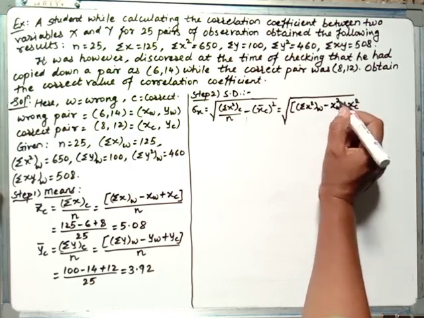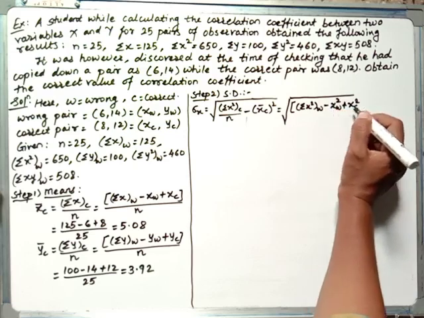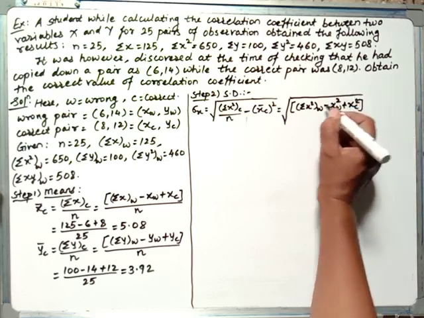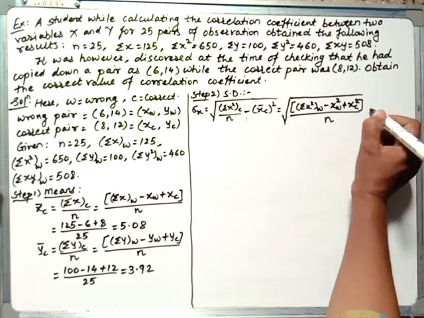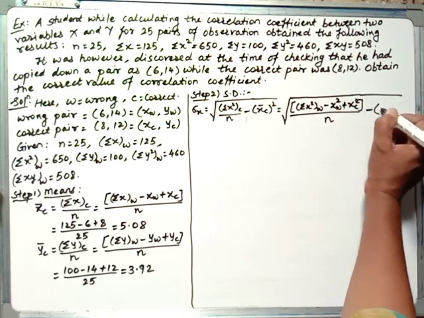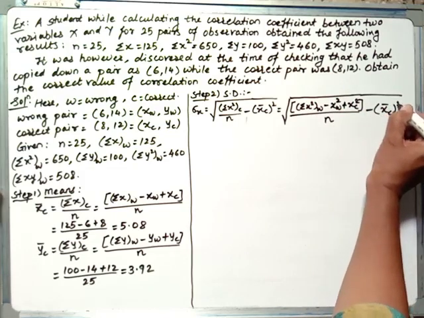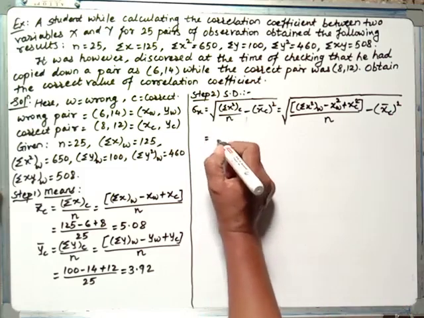We will subtract the wrong value square and add the correct value square, upon n, minus this xc bar square. What does this give?